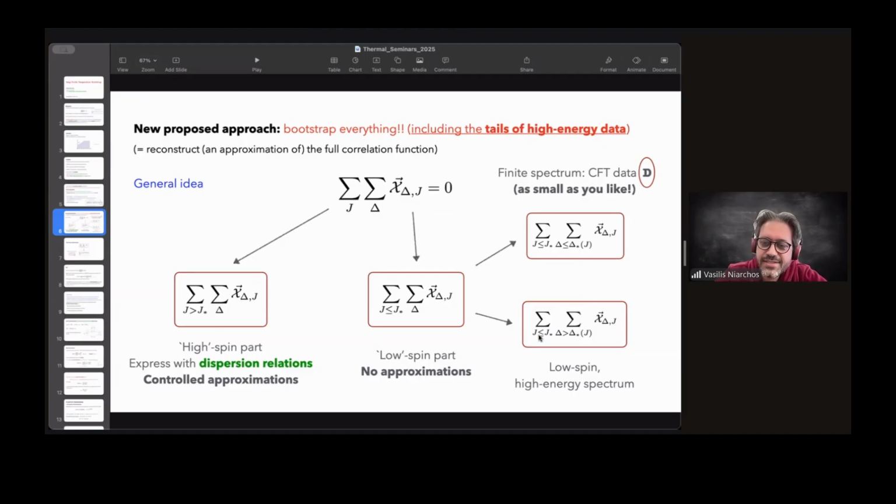All the rest is again an infinite set, a sum with an infinite number of terms. The spin is low, it's less or equal than J star, and the scaling dimensions now are above this cutoff. So this part is the hard part, because here I have an infinite sum of terms.